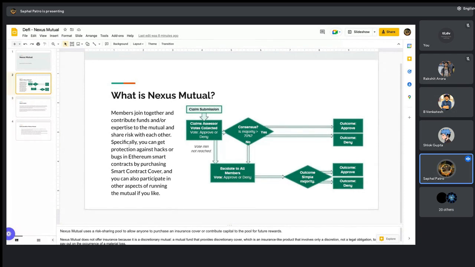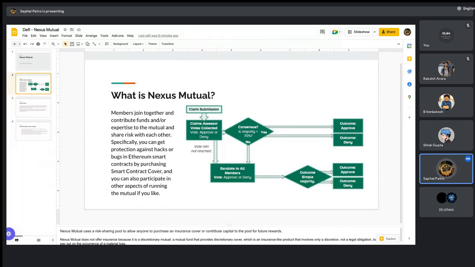Here I also have a flow chart which is directly borrowed from the Nexus Mutual website. In case anybody faces any issue, they put in a claim submission, and this claim submission is polled by all of the members who own Nexus Mutual tokens. The Nexus Mutual token indicates that they are members, and anyone who possesses Nexus Mutual tokens has votes.